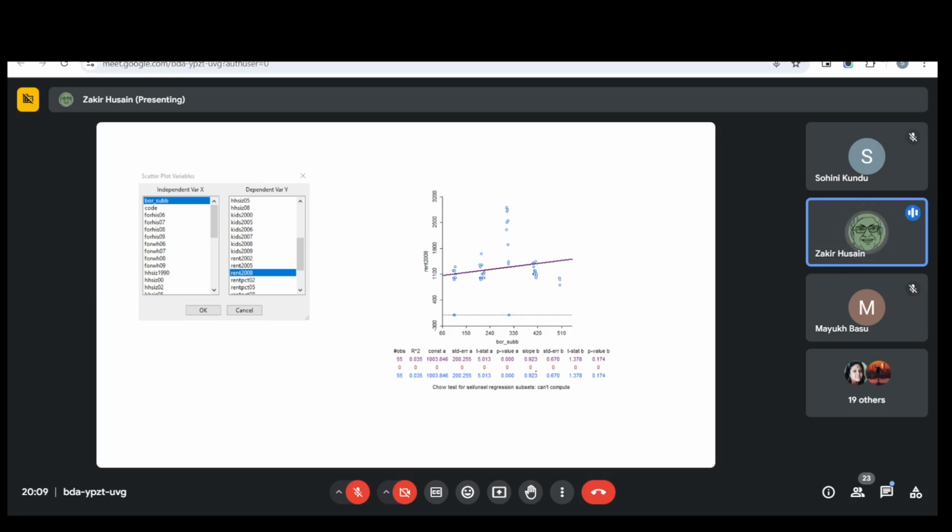Basically, rent is being regressed on borough. You have the different scatter points, and this is the best linear fit. Number of observations, 55. R square is pretty low. This is the intercept, and the standard error and t statistics. And this is the slope. The slope coefficient is 0.923, and you can see it's not significantly different from zero, fairly flat.